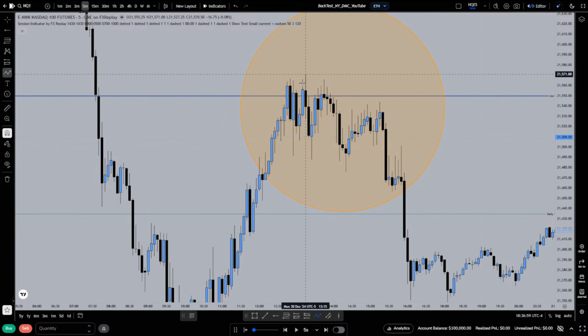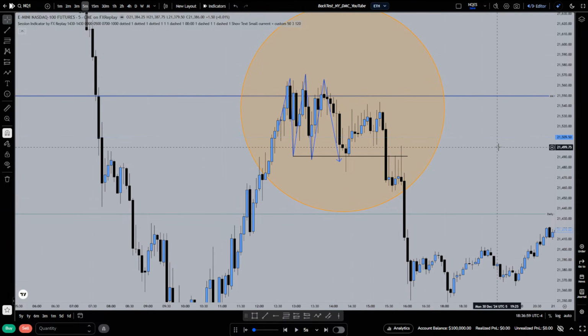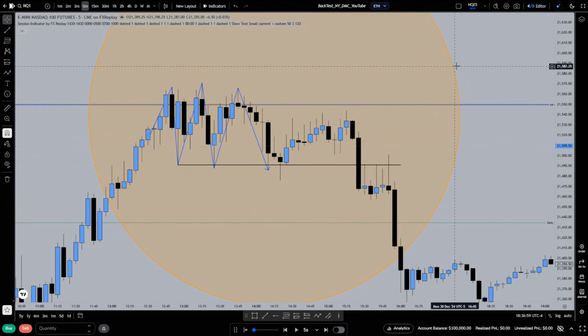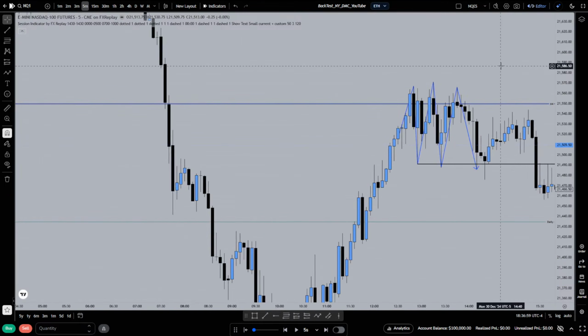So what we get here is this high, higher high, lower high to this level again. So that's kind of like a head and shoulder here with this neckline. So that is an indication of the distribution.